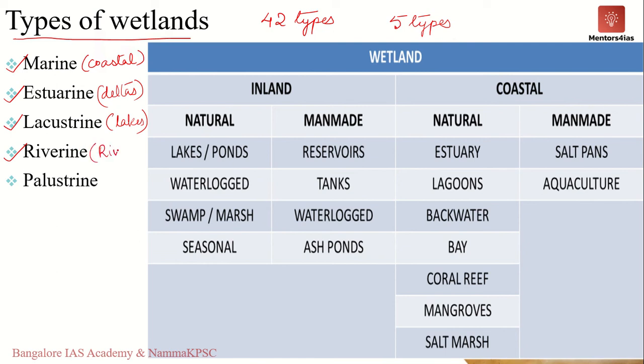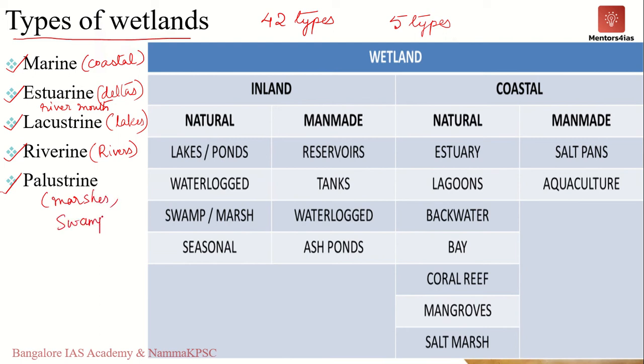See, if the wetland is found along the mouth of the river, then it is referred to as estuarine wetland. However, if the wetland is found along the natural flow or path of the river, then it is known as riverine wetland. And finally, we also have palustrine wetlands. These are nothing but marshes, swamps, or bogs.